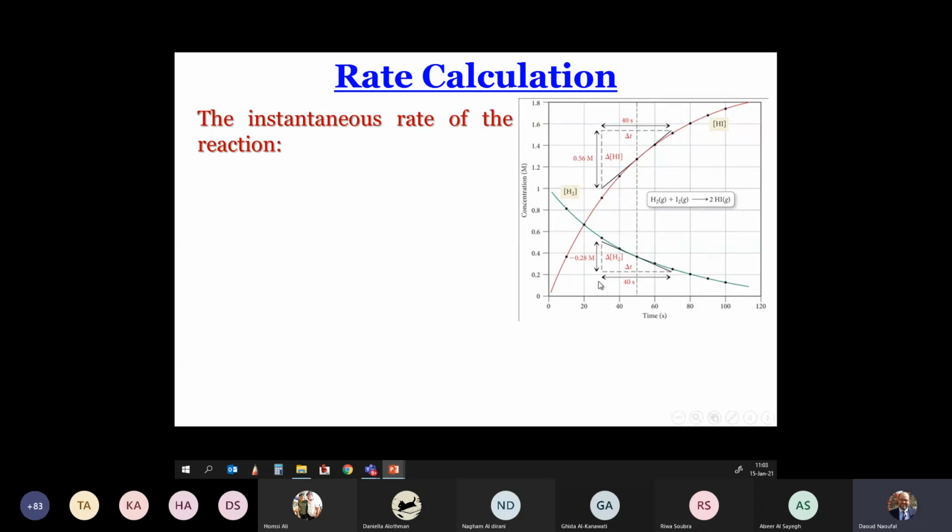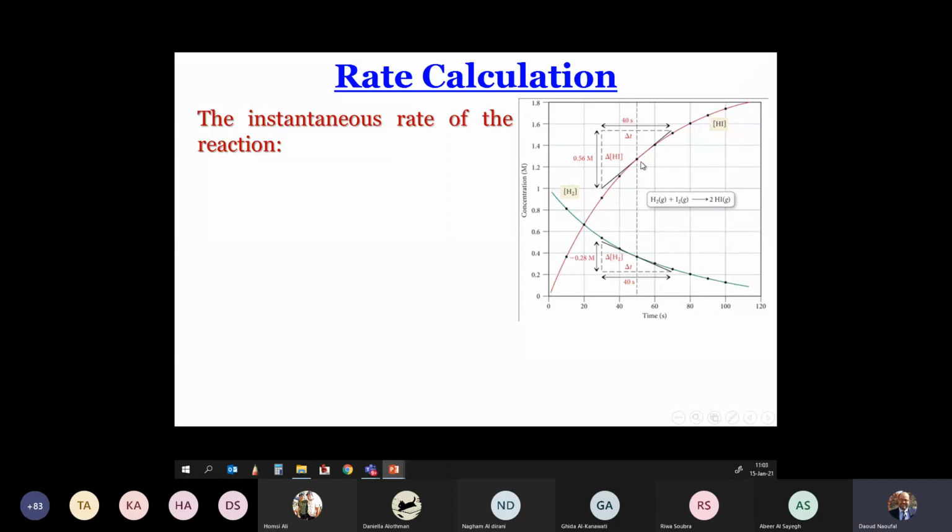How to find the rate? At any point of the curve, you make a tangent to the curve. For the rate of disappearance, the negative slope of the tangent is the rate of disappearance at this point.